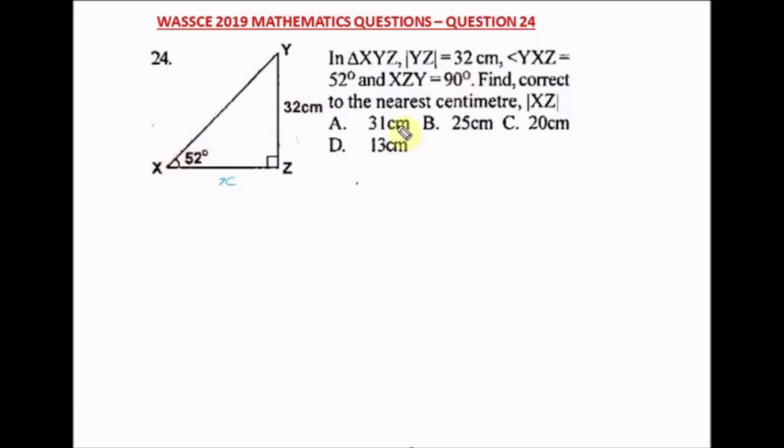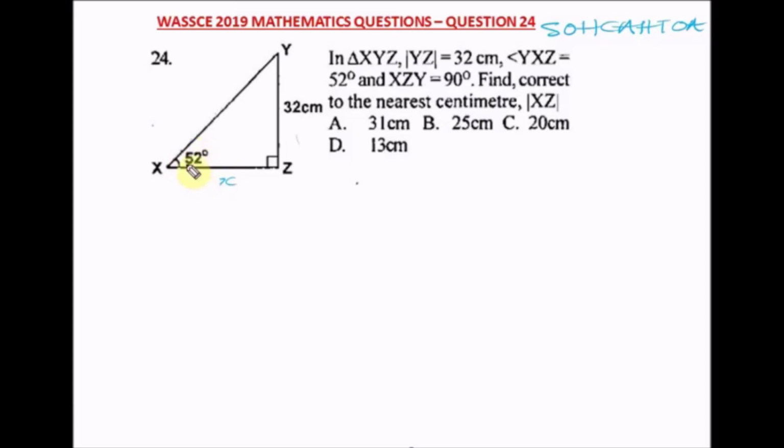Okay, so when you have a right angle triangle, definitely you remember your trigonometry, which is SOH CAH TOA. All right, so we'll know if we're going to use sine, cosine, or tan. From here we know one side and we're looking for the unknown side, and we know one angle.